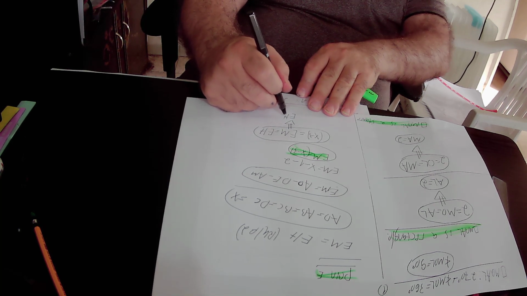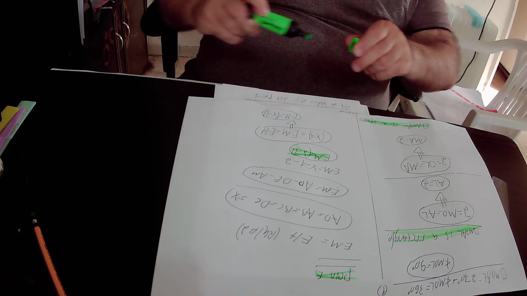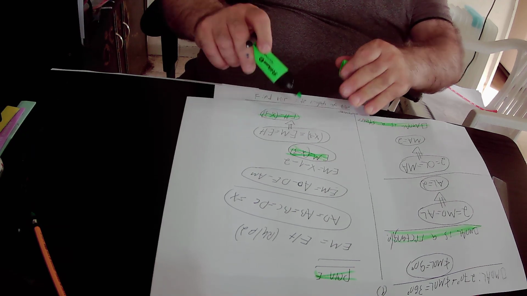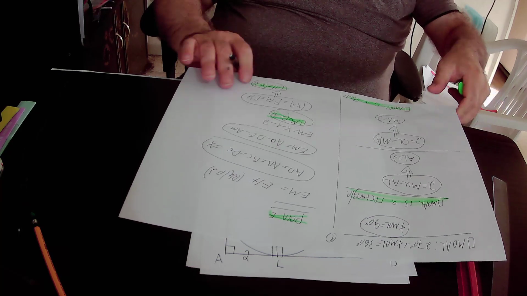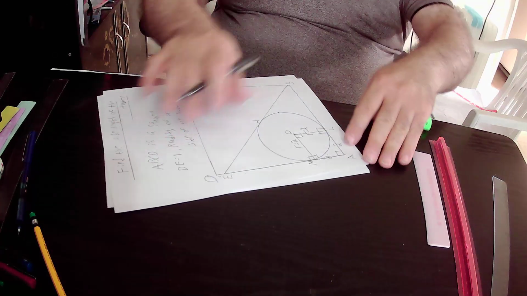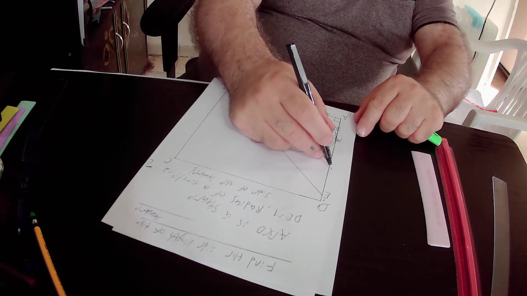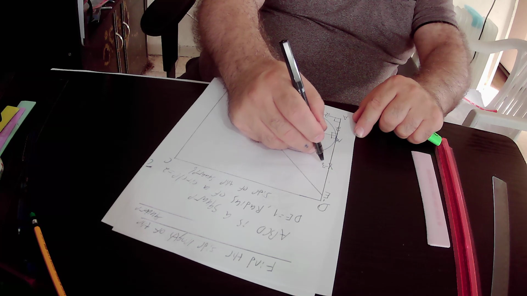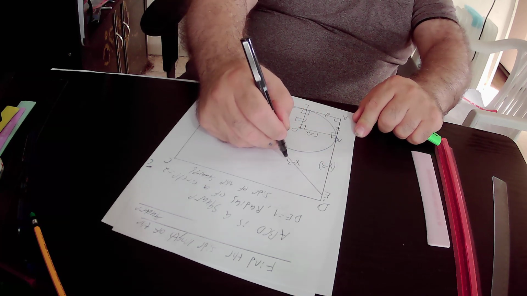EH equals x minus 3, so I can write in the drawing that EH equals x minus 3. First of all, EM equals x minus 3. And EH is also equal to x minus 3.